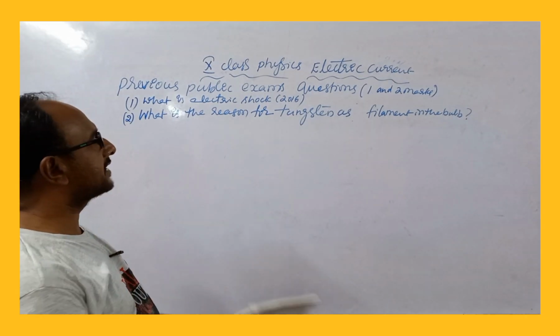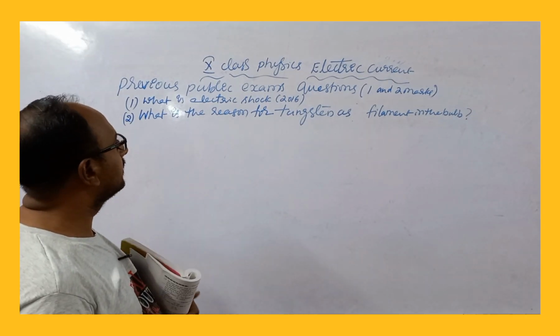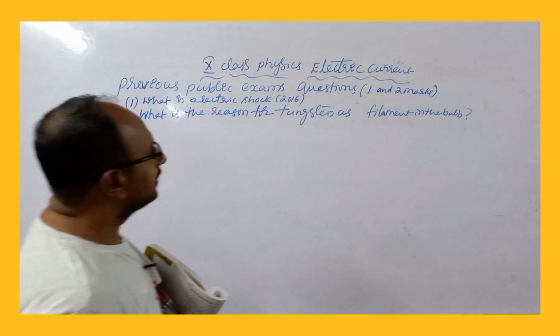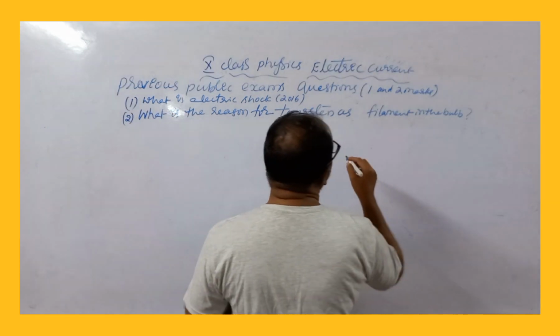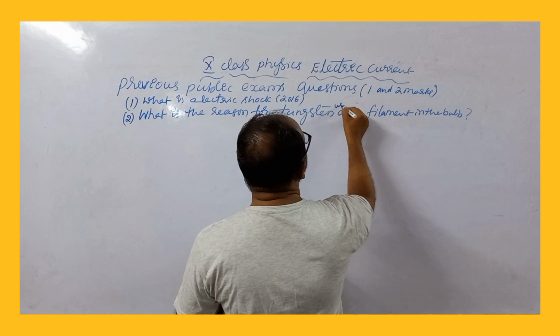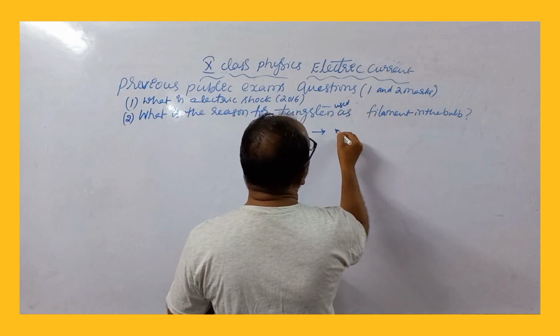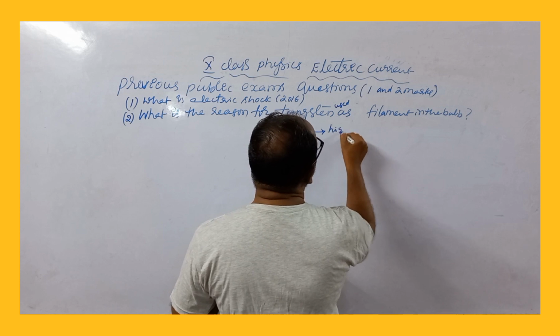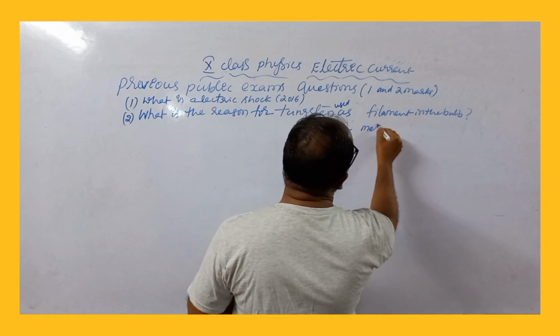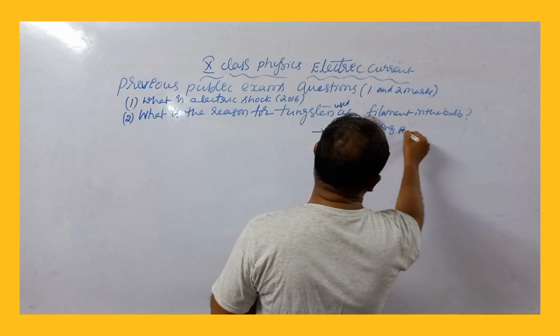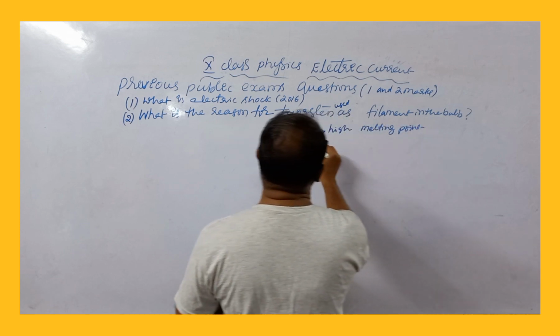Next, what is the reason for tungsten being used as filament in the electric bulb? There are two reasons for this. One is high melting point.